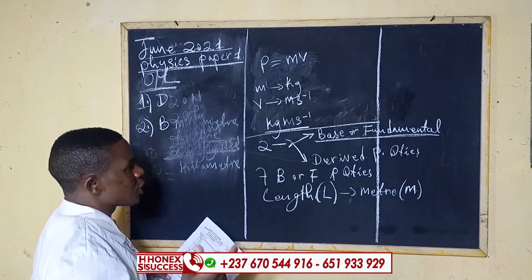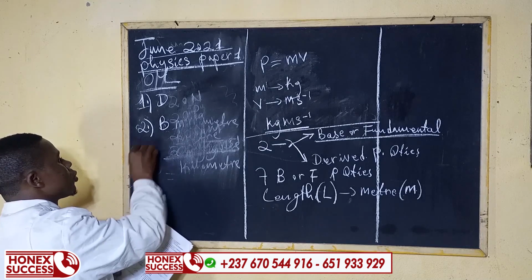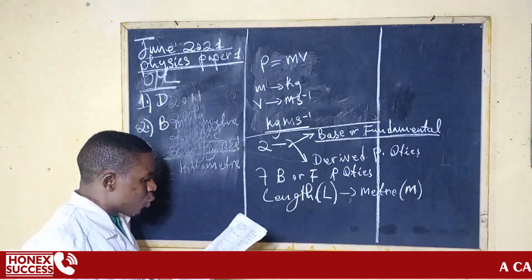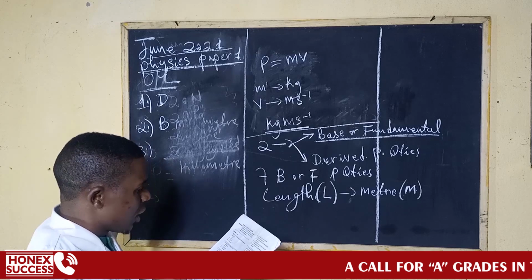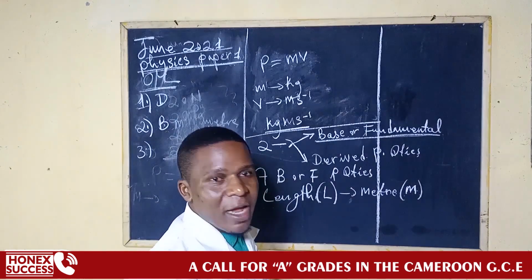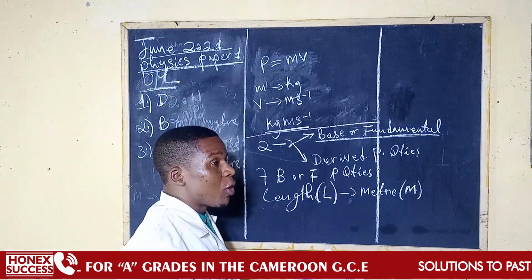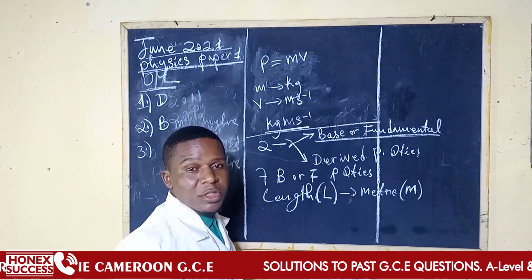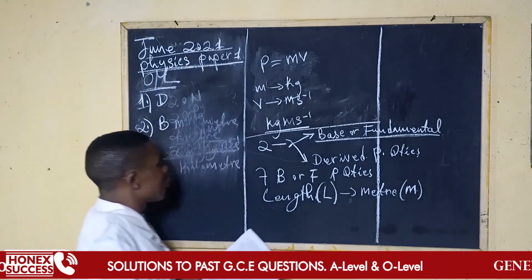We go to question 3. Question 3 says that which of the following pairs are all scalar quantities? You know, physical quantities can be divided into 2. You have the first group called vector quantities, the second group called scalar quantities. So now you check each of these quantities that are paired.